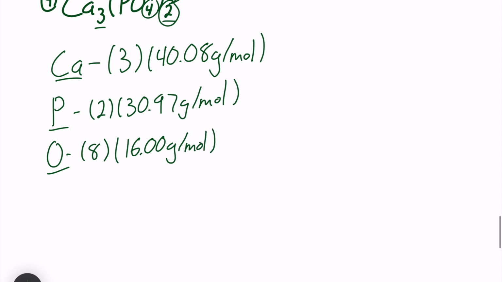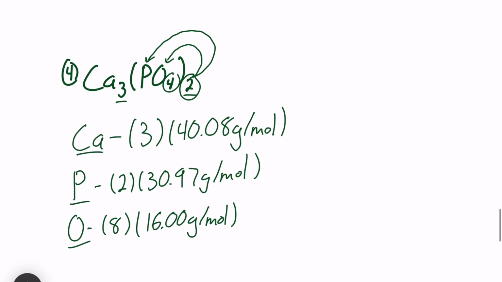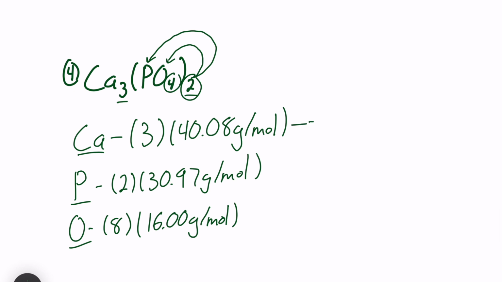grams per mole. So remember, our next step here is we're going to find the molar mass for our different atoms here. So since we have 3 calcium, we are going to multiply 3 by its molar mass, which is 40.08 grams per mole. And what you should get is 120.24 grams per mole.